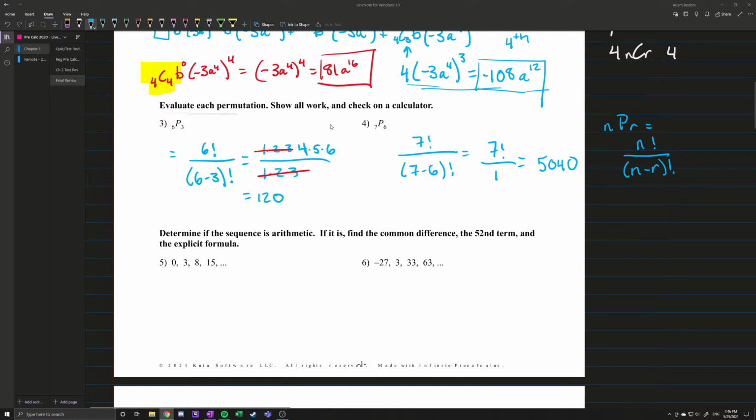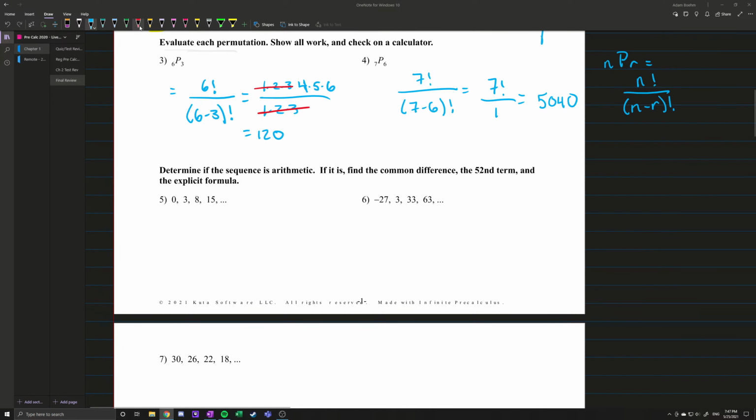Number 5 and 6 have to do with arithmetic sequences. If you don't remember what an arithmetic sequence is, it's when you're adding the same number to each term to get to the next. So an arithmetic sequence has some common difference, the difference between terms.